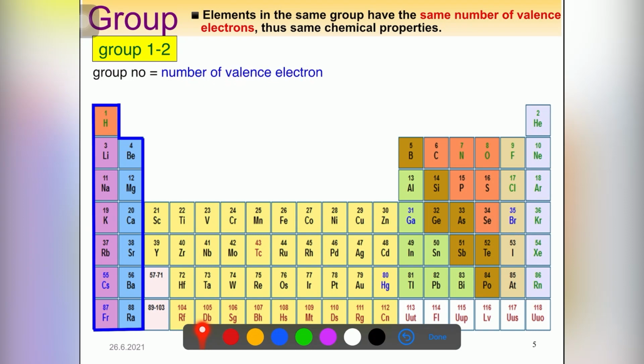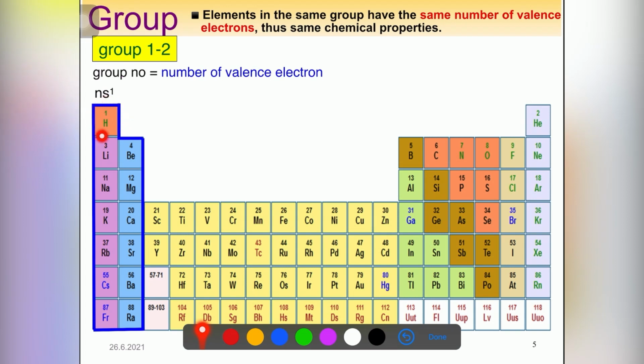It means if you know the number of valence electrons, it also shows the group number of the element. For example, here I show you the electronic configuration for the valence electron. We refer to the electronic configuration for the electron located at the highest n. For example, hydrogen.